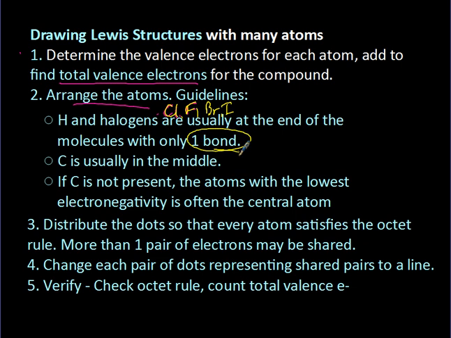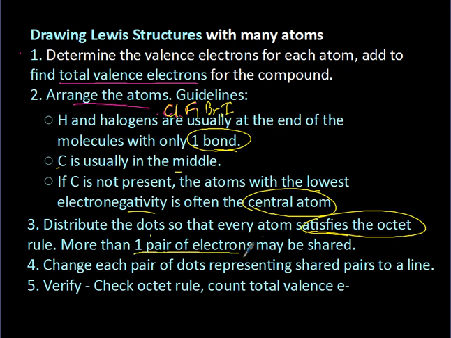If I have carbon, I'm usually going to put it in the middle. If carbon's not present, I pick the atom with the lowest electronegativity for the central atom. And I'm going to have a center with things around it. We'll show you how this works. I want to distribute the dots so that every atom satisfies the octet rule. So if I need to have one pair shared, I do that.